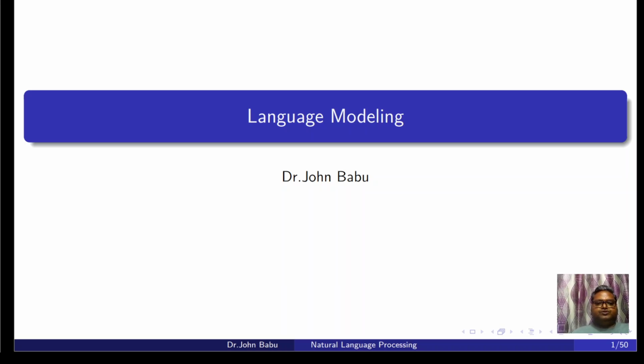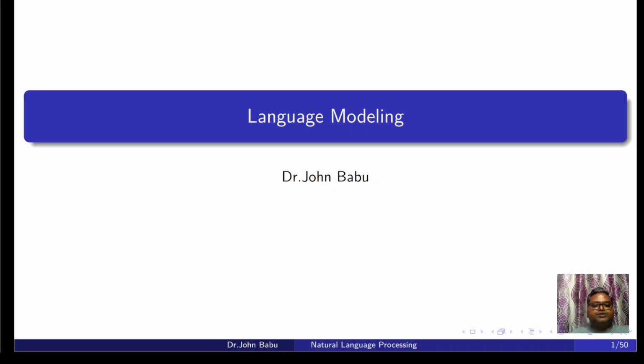Now we are into the fifth unit of our subject, natural language processing. In the first unit, we have seen words and documents, and what is morphological analysis or morphological parsing. In the second unit and the middle of the third unit, we have seen what is syntactical parsing and what are the various methods used for syntactical parsing.